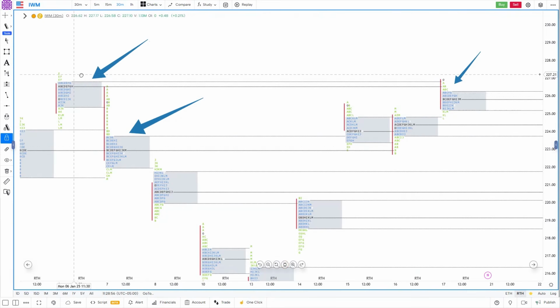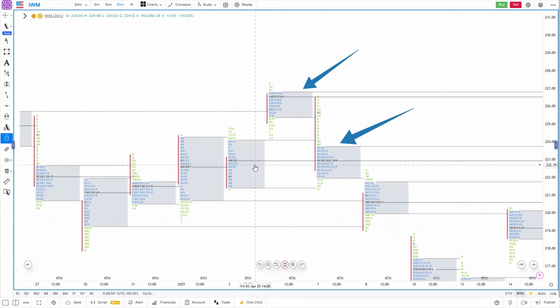If you go back to those days and look at the bigger picture, IWM has gone up in value from December 30th, the 31st, January 2nd, January 3rd, and then January 6th and 7th. Value has gone up.